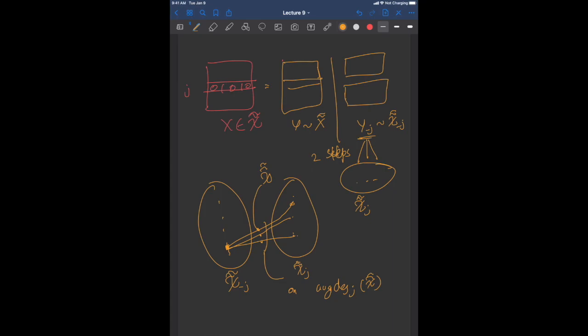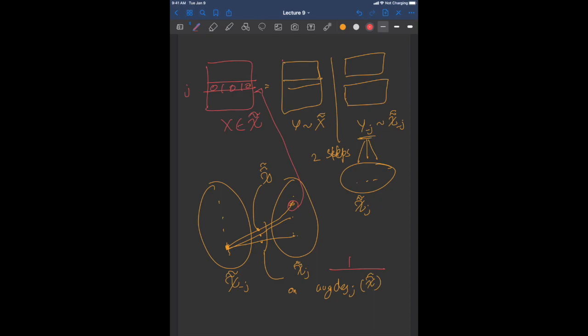But since we have already fixed our x, only one of them is going to be favorable for us. We are looking at an event where the jth row is the same as the jth row of x. So only one out of these choices is favorable. Intuitively, the probability that you get the same row that you had in this fixed template x is at most 1 over average degree j of x.